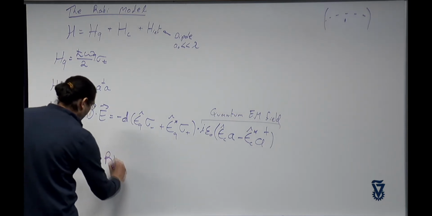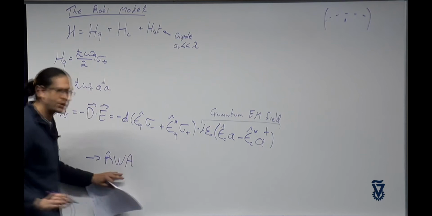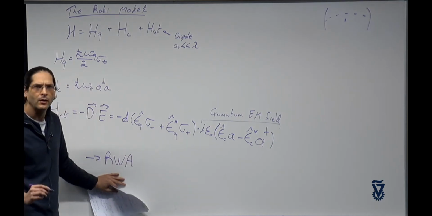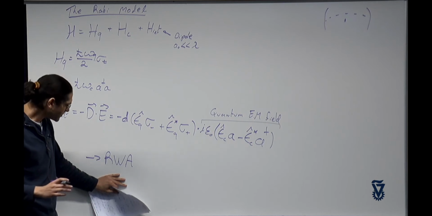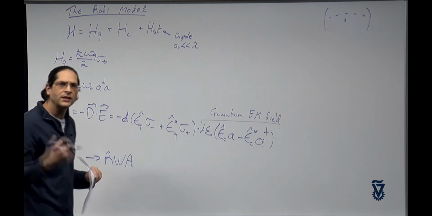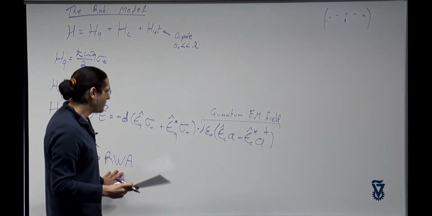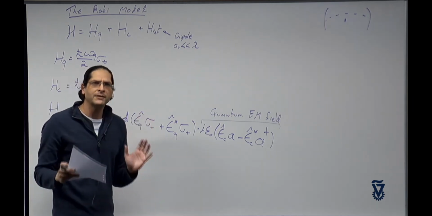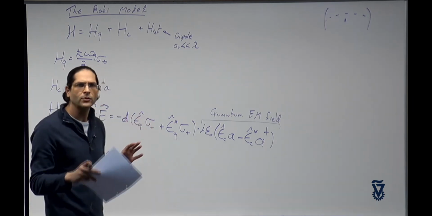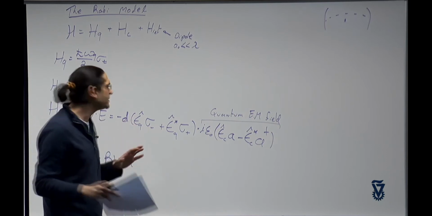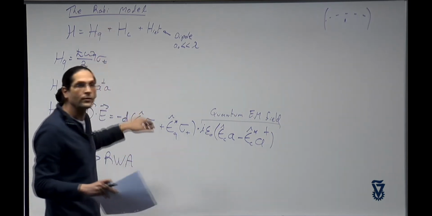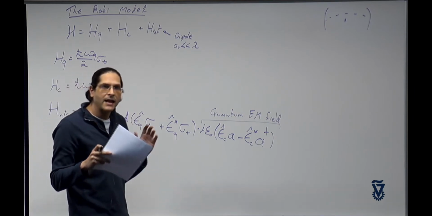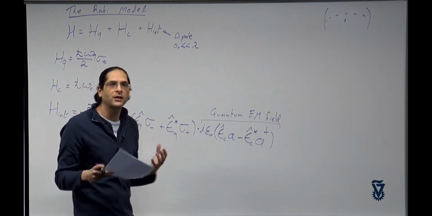But what we're going to look at right now is what is called the rotating wave approximation. We're going to do a partial derivation of that, which will get us to the Jaynes-Cummings model, and then we're going to look at what happens there. So we're going to look at that corner of phase space of the Rabi model, and it works very well for many of the systems.